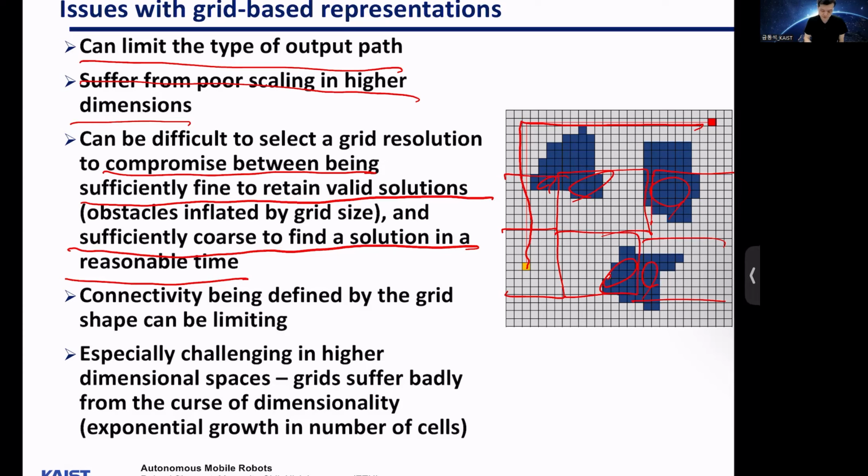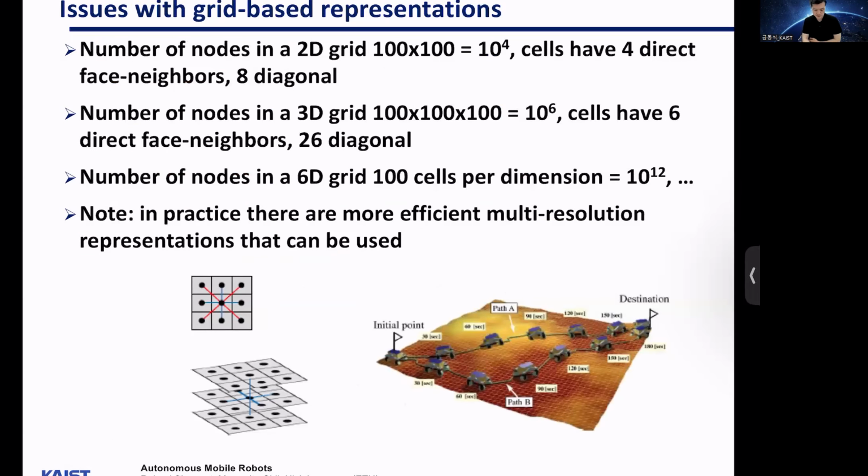Grids suffer badly from the curse of dimensionality. For instance, the number of nodes in a 2D grid, 100 by 100, will give you 10,000, right?